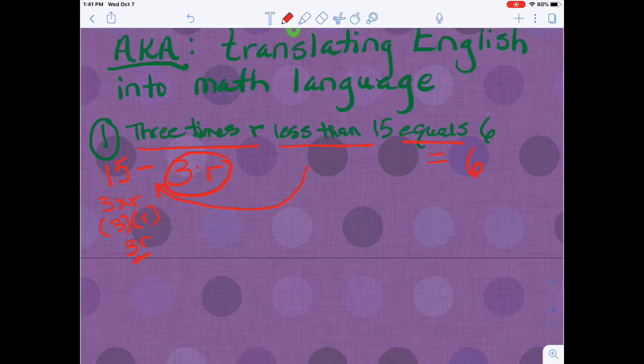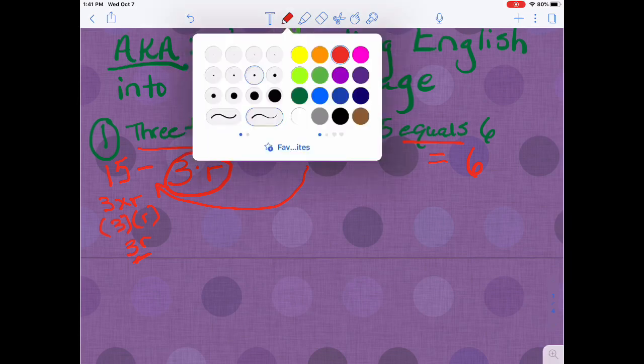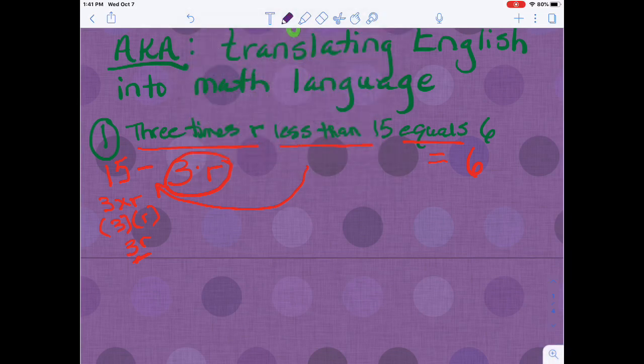So you have to read these things sometimes many times. So I'm going to wrap this up by saying 15 minus 3r equals 6. 3 times r less than 15 equals 6.